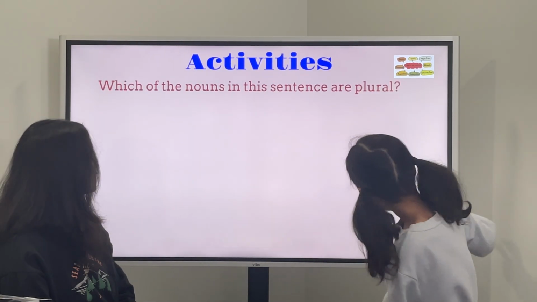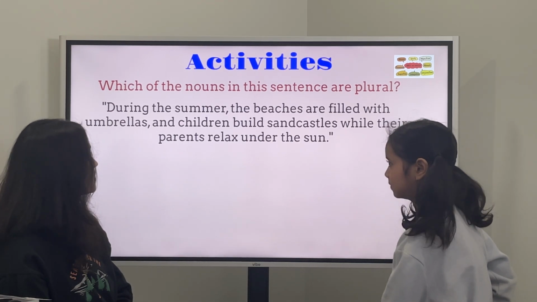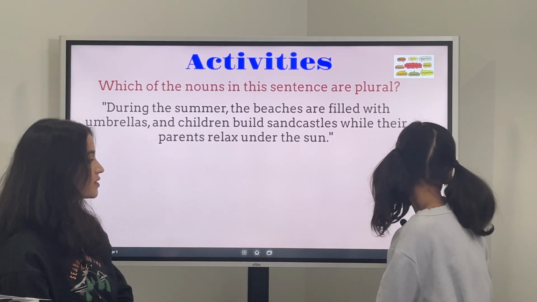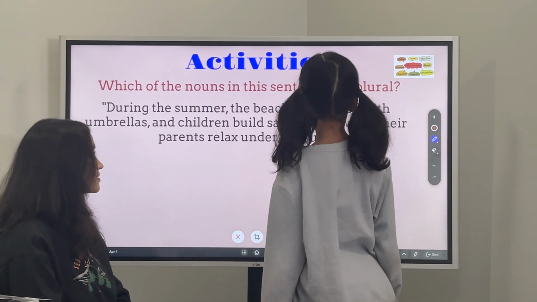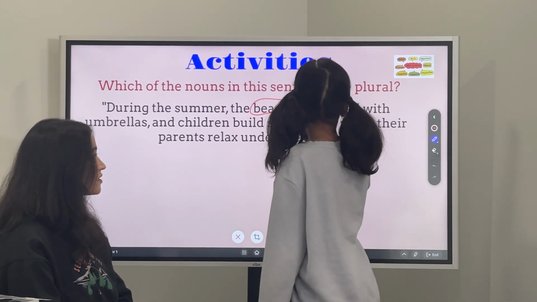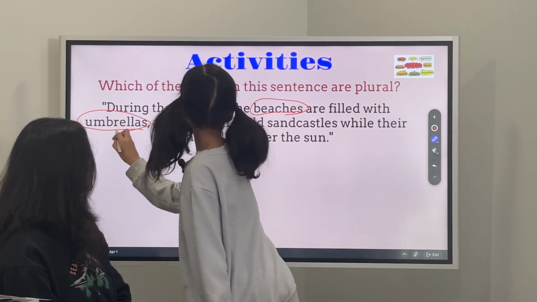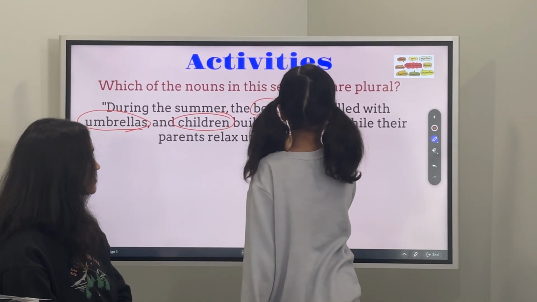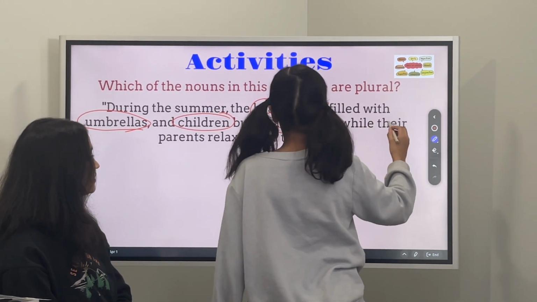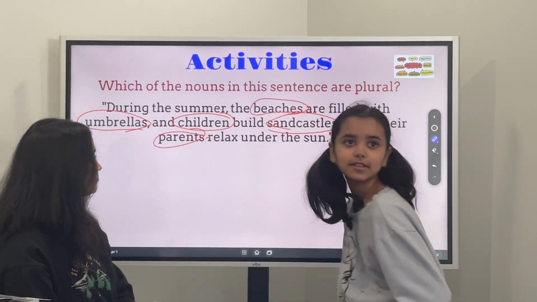Good. So again, let's continue the activities. Which of the nouns in this sentence are plural? Can you read it, please? During the summer, the beaches are filled with umbrellas, and children built sand castles while their parents relax under the sun.